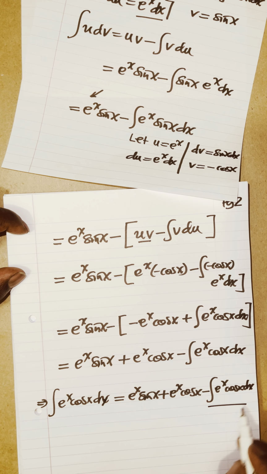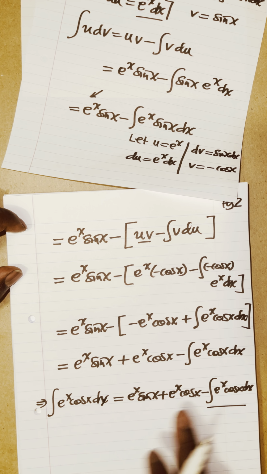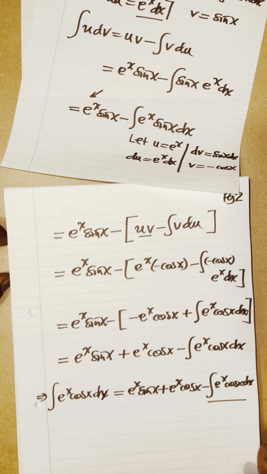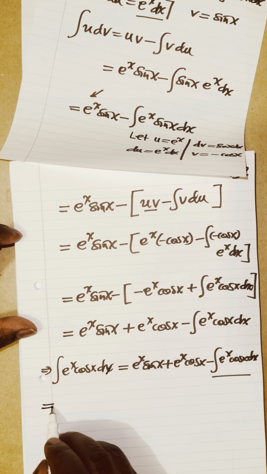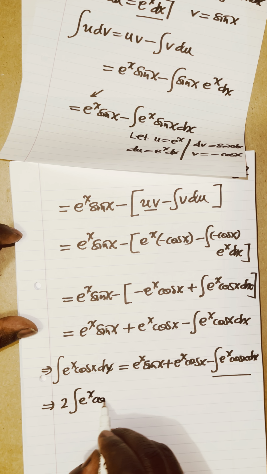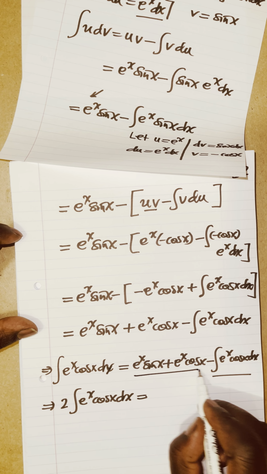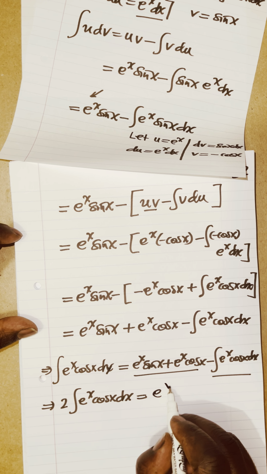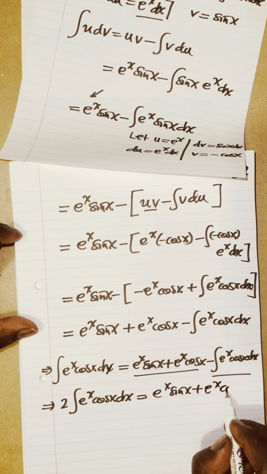Now, this integral must come to the left. Remember, this one and this one are the same integrals, but they have different signs, and therefore they must add. So I'm going to add this on both sides. On the left, I'm going to have twice the integral of e to the power x cos x dx. On the right-hand side, I'll just have e to the power x sine x plus e to the power x cos x.